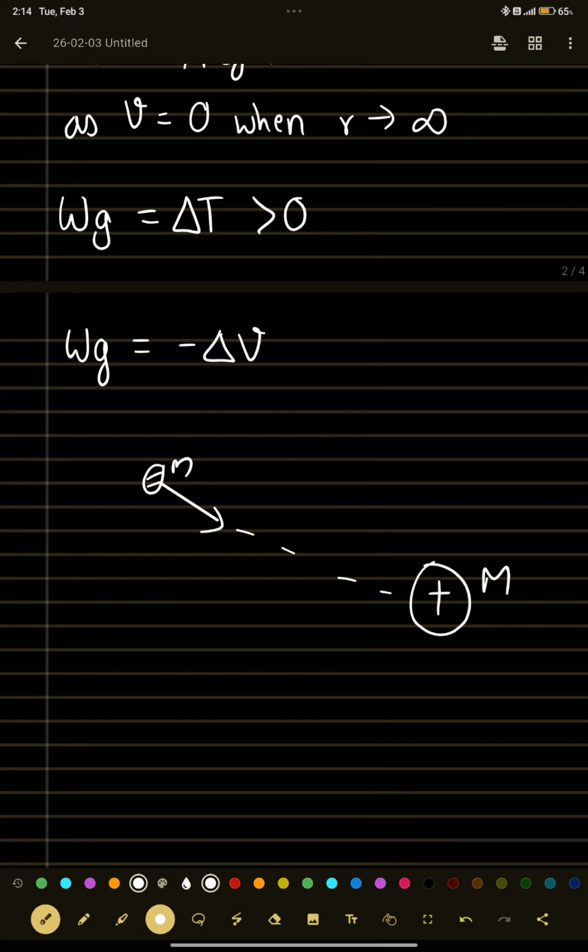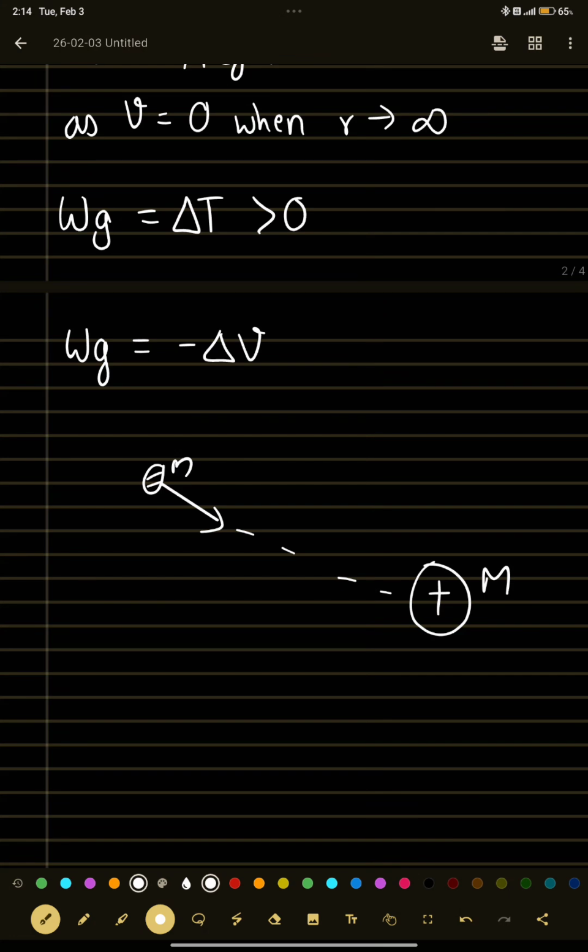You know that for non-conservative forces, the definition of potential energy does not hold. We define potential energy only for those forces which are conservative, where the work done in a round trip is 0.